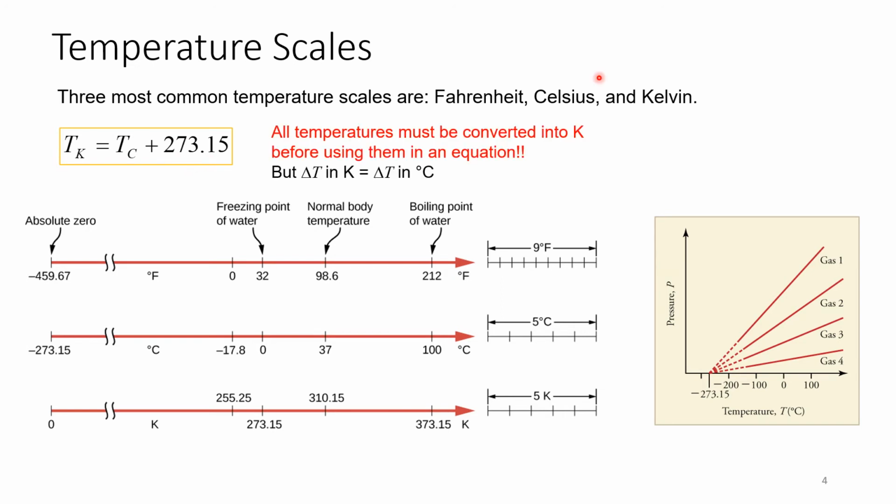And it is important to remember that all temperatures must be converted into Kelvin before using them in an equation. A temperature difference of 1 degree in Kelvin is the same as a temperature difference of 1 degree in Celsius.